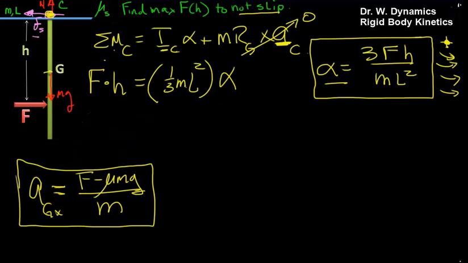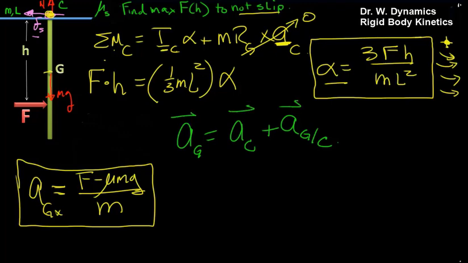From here, we need to relate these two things. And the best way to relate them is via a relative acceleration equation. So we can say that a sub G will be a sub C plus a sub G with respect to C. This is done vectorially.